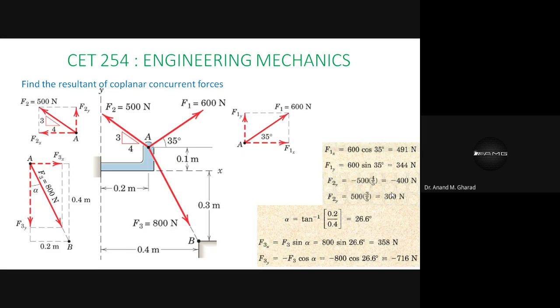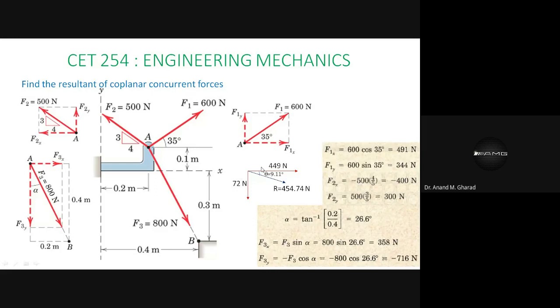Can you please let me know what those values are? Sir, Fx is 804 Newton, and Fy 282 Newton. Okay, let us check. So Fx comes out to be 449 Newton, whereas Fy came to be 72 Newton.